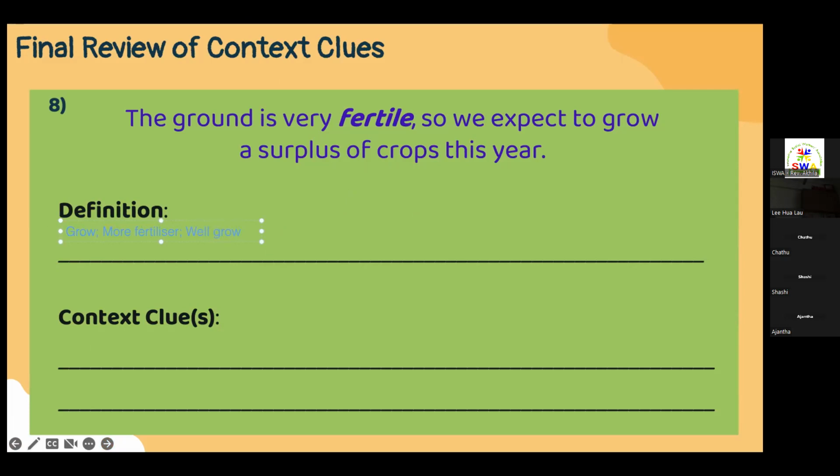Is this correct? Well grown? Who said well grown? Does anyone else want to? How do you all know that it's well grown or fertile?